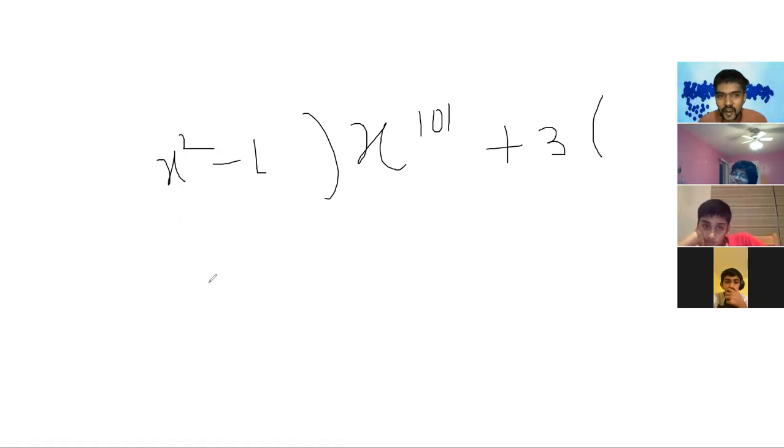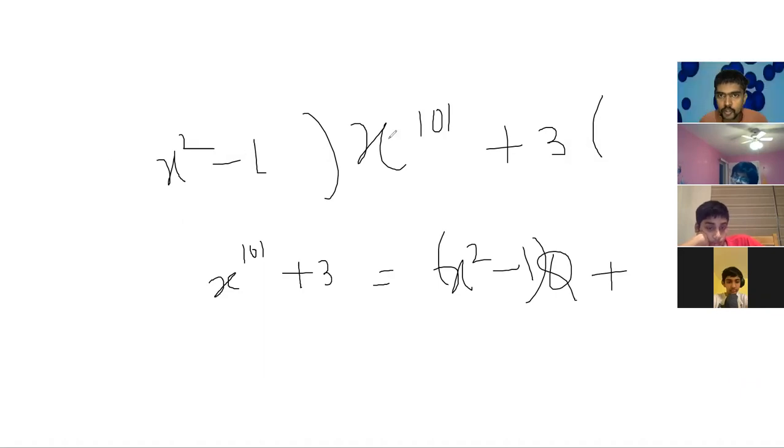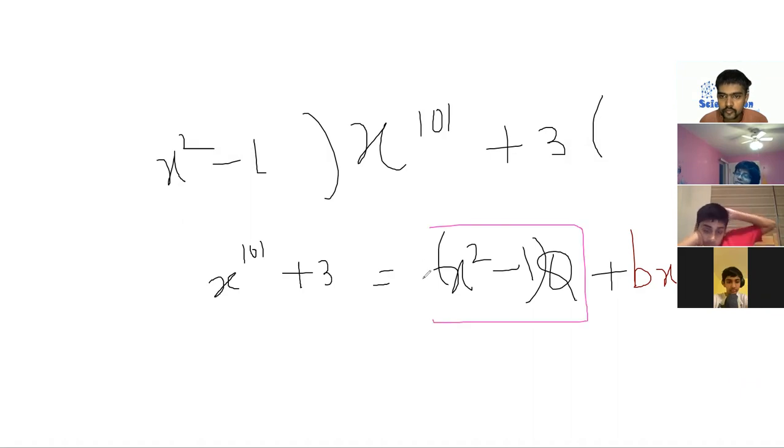But instead, if you just write x power 101 plus 3 is equal to x square minus 1 times blah blah blah, plus, because this guy is x square minus 1, whom do you expect to show up in the remainder? bx plus c. Wait, the c can be a constant because b can be 0 and then you cancel out the x. Absolutely, it can be constant if b equals 0.